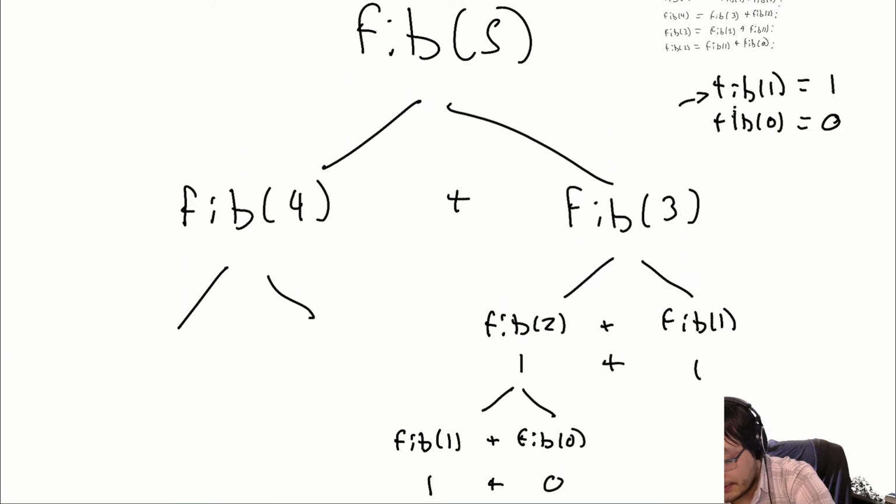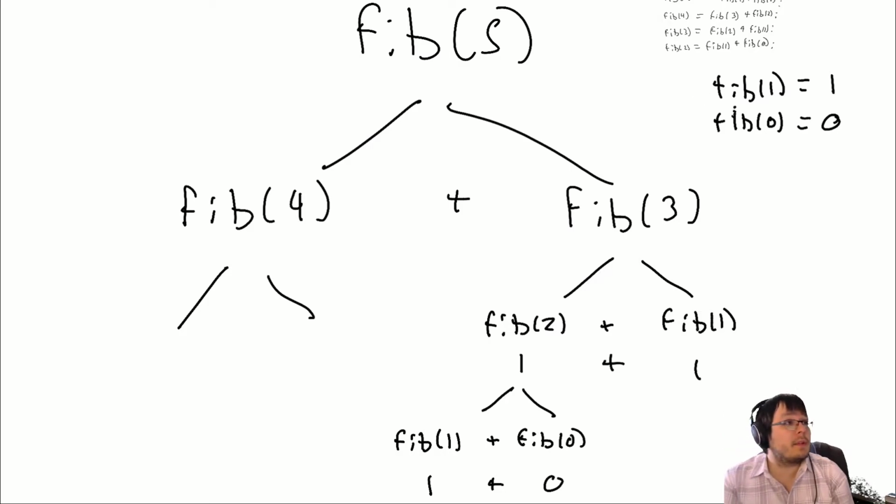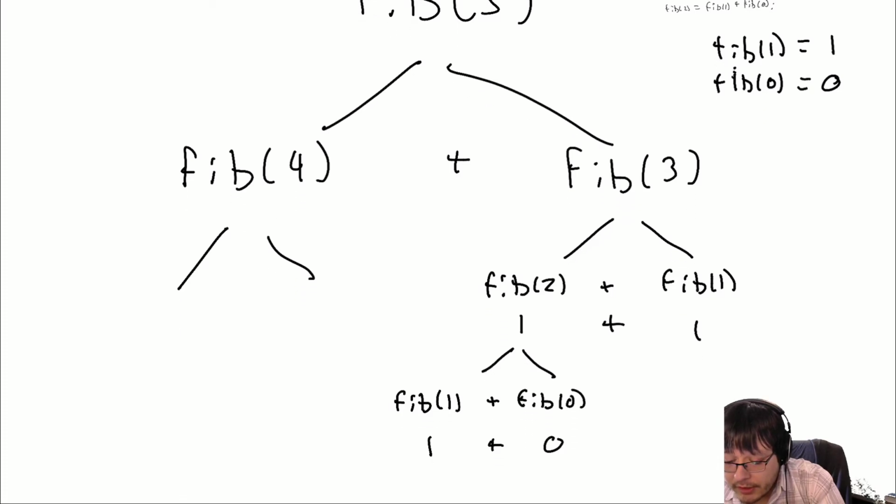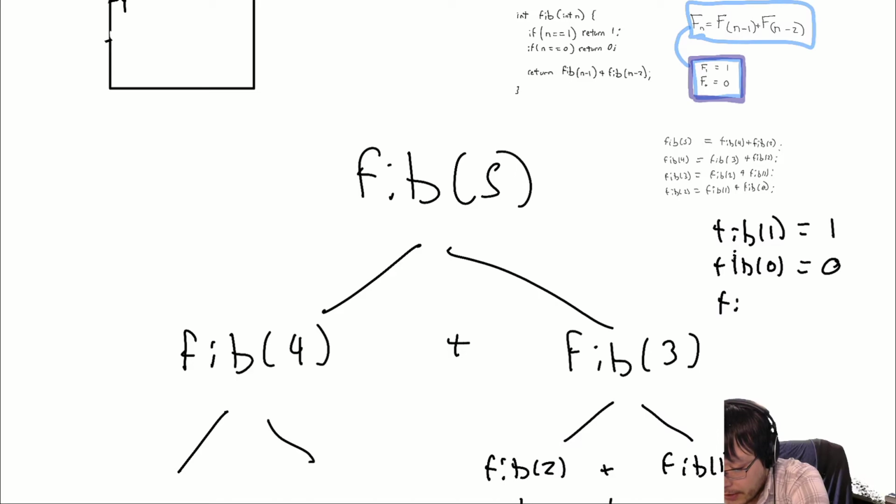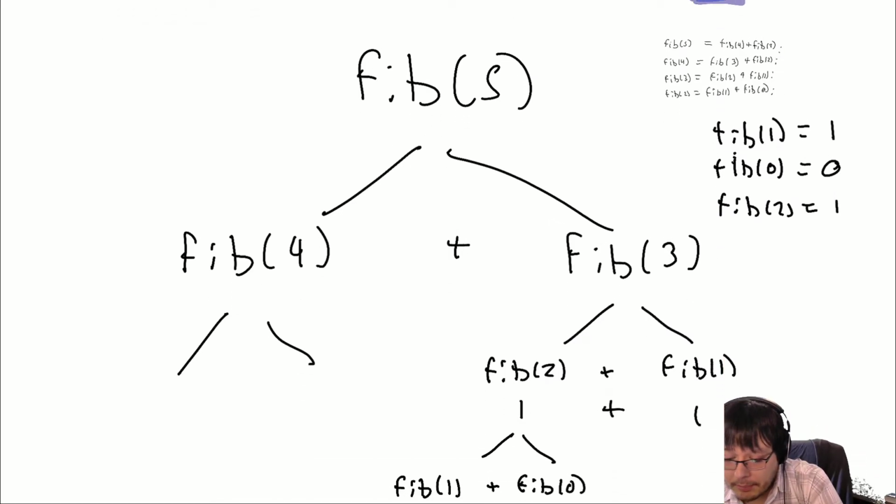See that? Okay. So essentially, Fibonacci 3 is going to be 2, which we already know, and we can keep track of that here by writing it down so that we don't have to repeat it, plus 1, which is equal to 2. So now we have Fibonacci 3 solved.